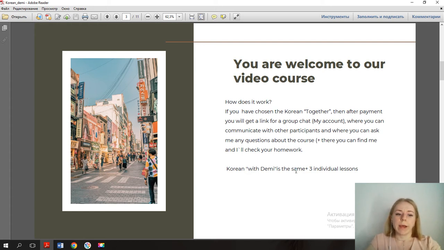You will understand how it works, and if you choose Korean together, it's the together set or together package. This means that you are not on your own. It's not solo work. It's work in a couple with a teacher. It means that there is always me, a teacher, who can help you, who can correct all your mistakes and so on.